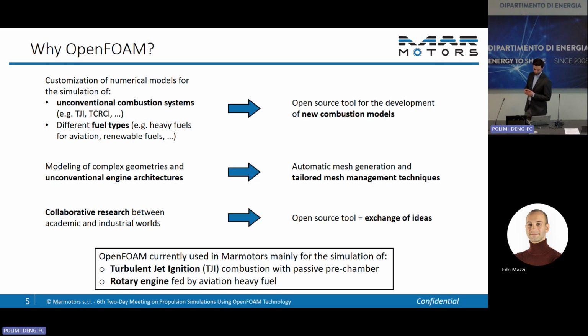This is what we achieved using OpenFOAM. One of the biggest strengths of the software is that it is open source, so it can be tailored and customized for our needs.